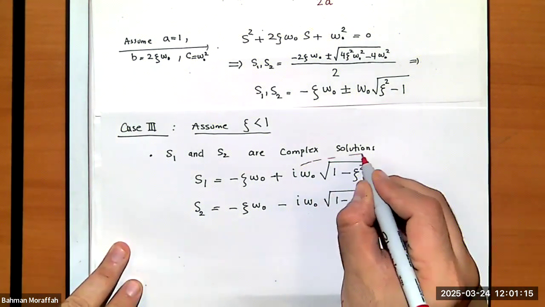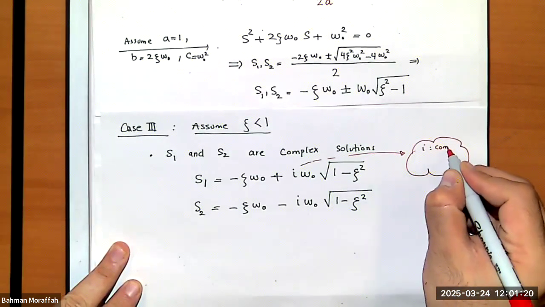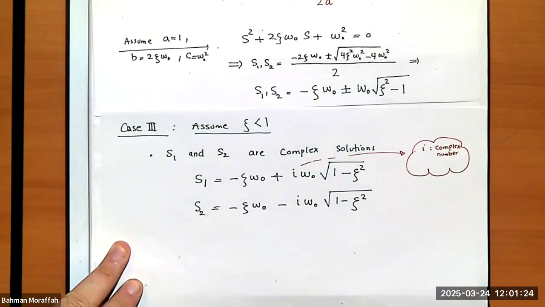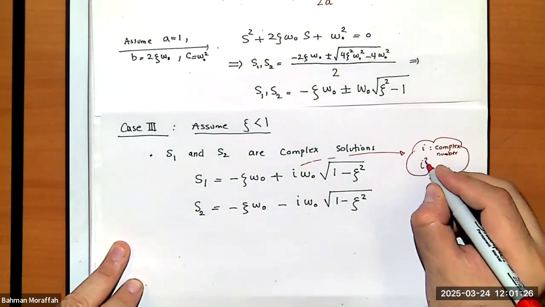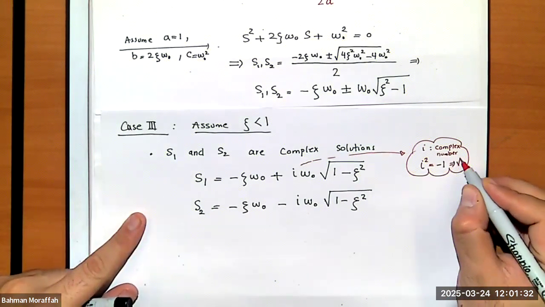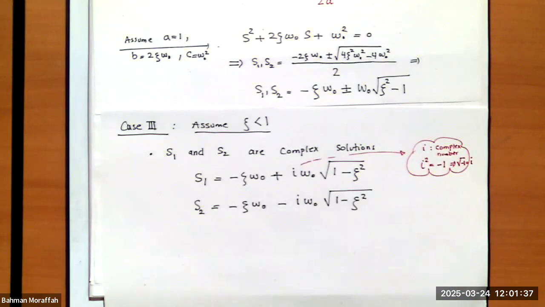Remember, this i is a complex number. This is basically the imaginary number, where i squared is -1, or you can think of it as the square root of -1 being i.